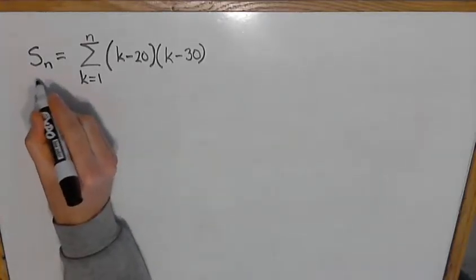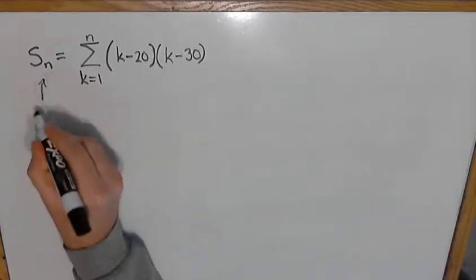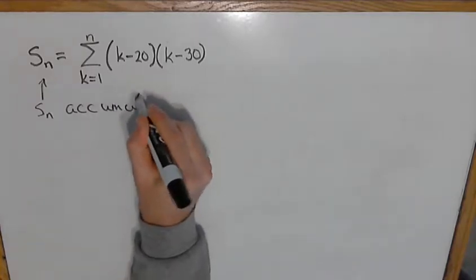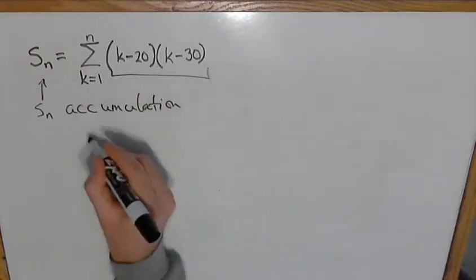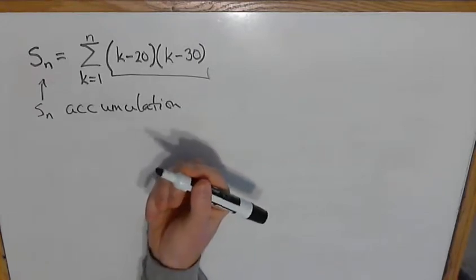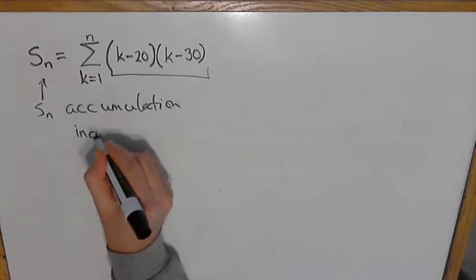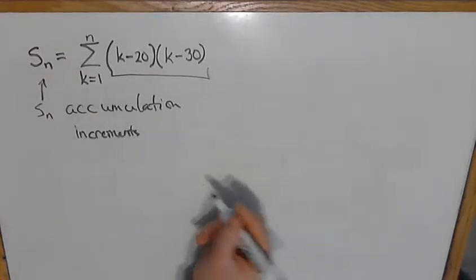So here I have a sequence, and it's being defined through a sum. That means that this Sn is the accumulation sequence. This formula, k minus 20 times k minus 30, that's the formula for the increments. Those are the numbers that are added one at a time to create Sn.